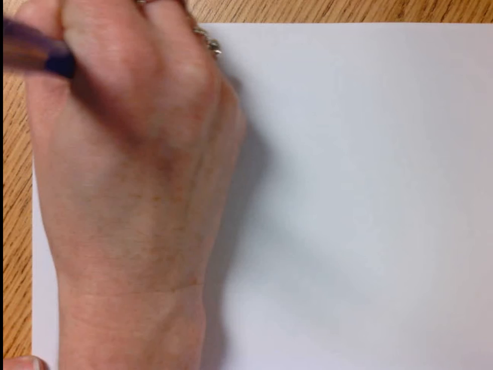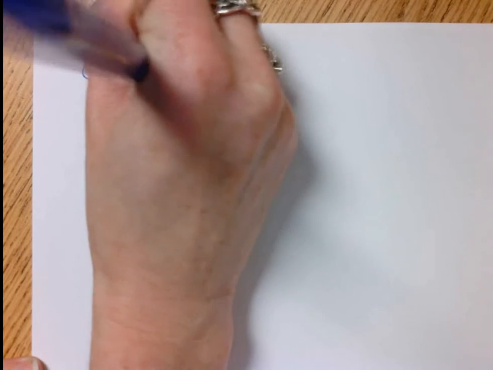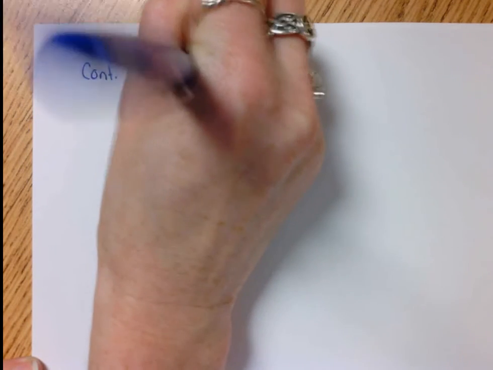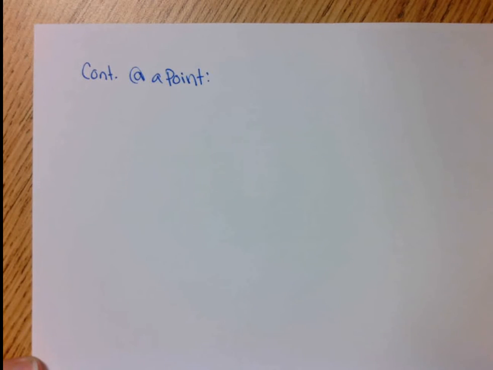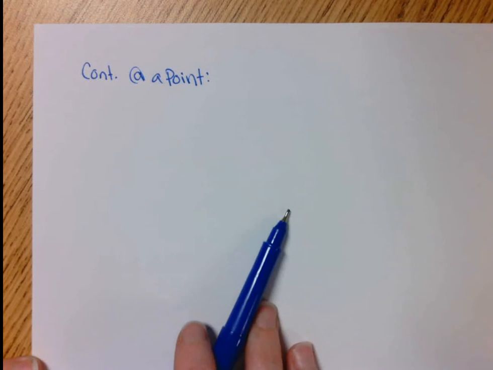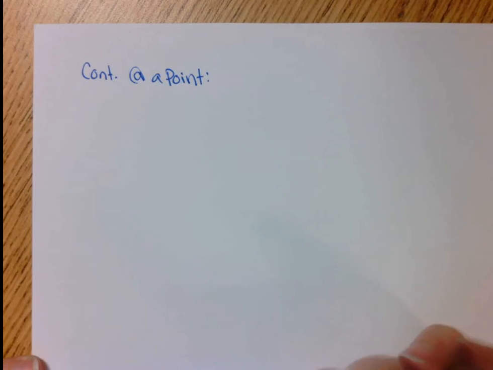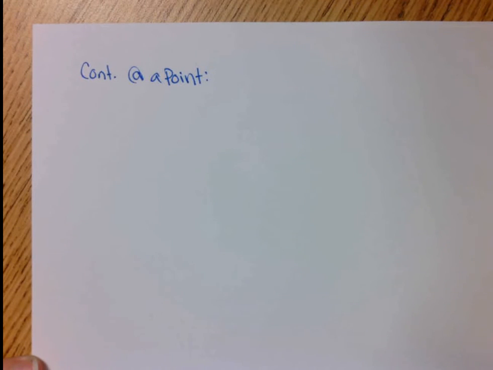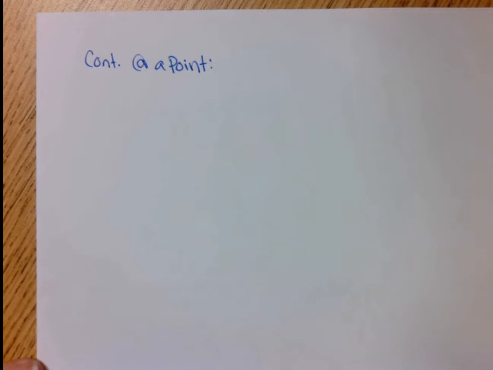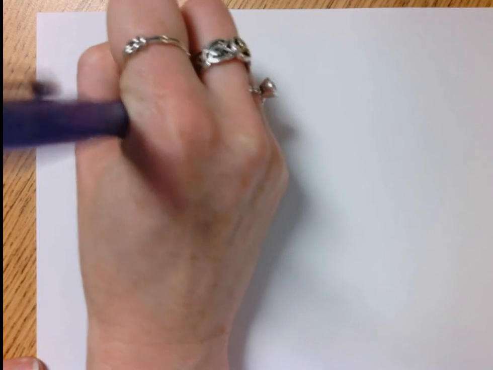So oftentimes if you're going to be proving continuity at a point, what they're going to make you do is they're going to say, okay, I'm giving you some function on an interval, prove that it's continuous, and they'll typically give you some piecewise function.